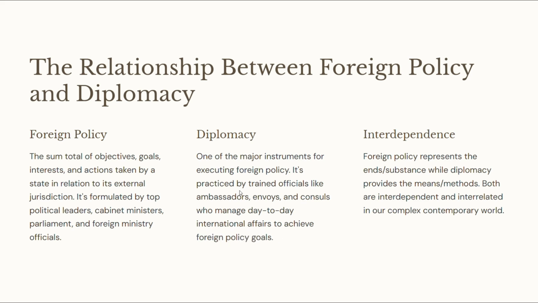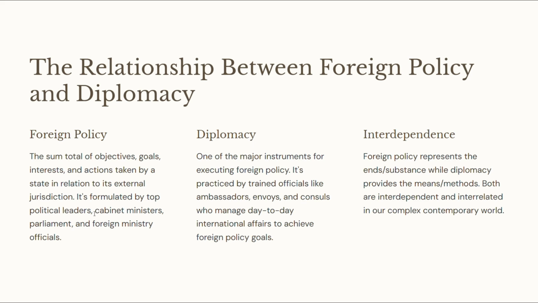Maybe you can understand the differences. Foreign policy is the sum total of objectives, goals, interests, and actions taken by the state in relation to external jurisdiction, while diplomacy is the instrument to fulfill those objectives. And who are the actors while formulating foreign policy?